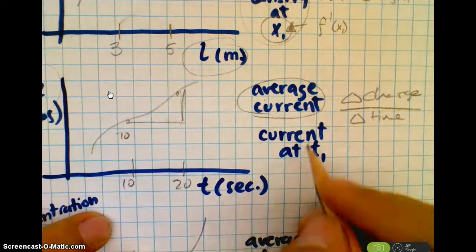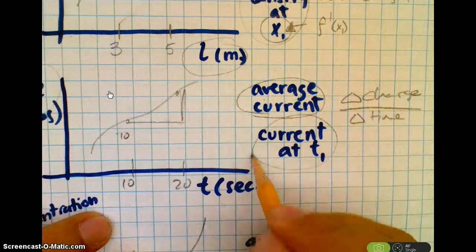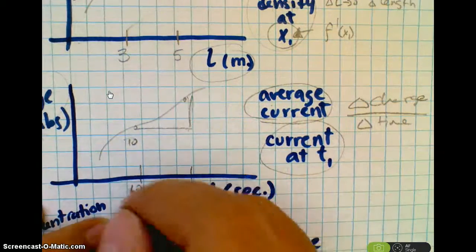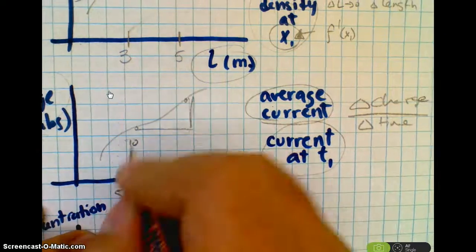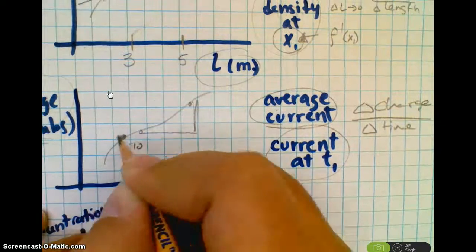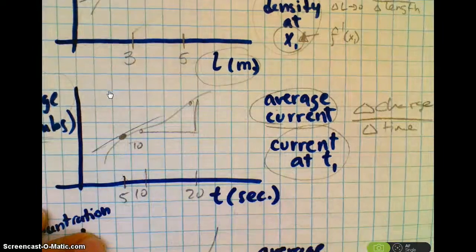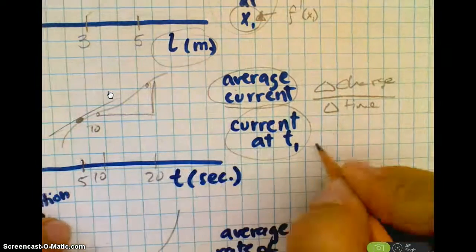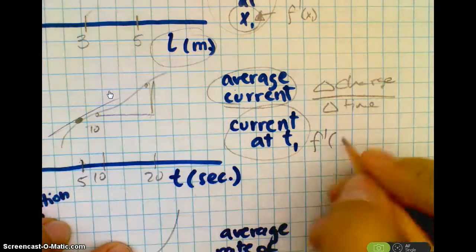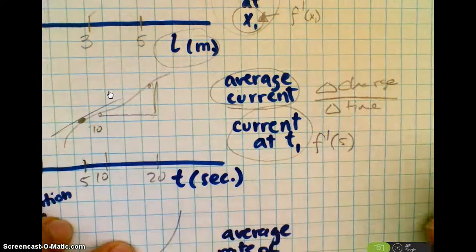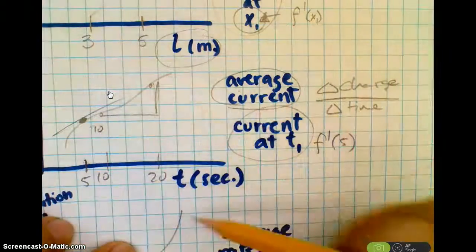We could have done that. But if I want to find the current exactly at one particular point in time, let's say that at 5 seconds I want to know what the current is, then I just take the derivative. Take the derivative of that function, f prime, and I find it at 5. So that's the application for derivatives of functions.